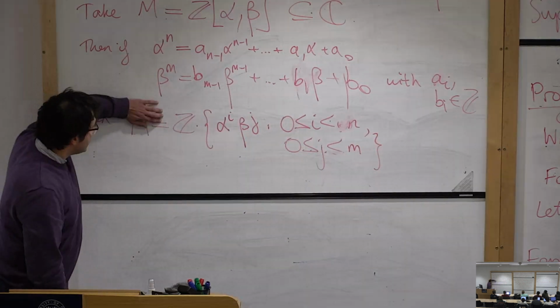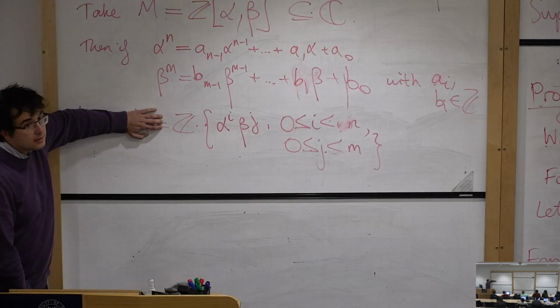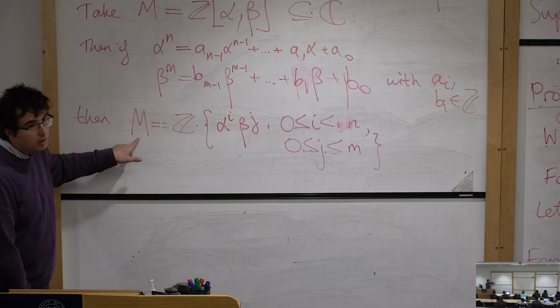So the claim is that this set is closed under multiplication by alpha and beta. And therefore it's a subring. Therefore it's equal to M.